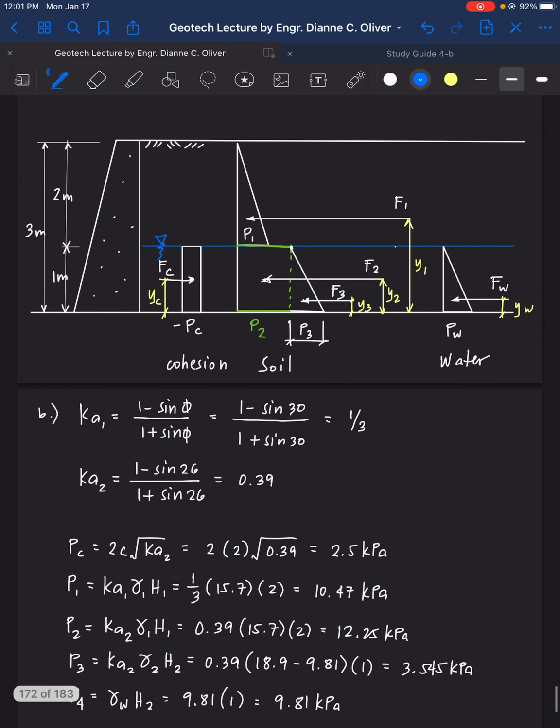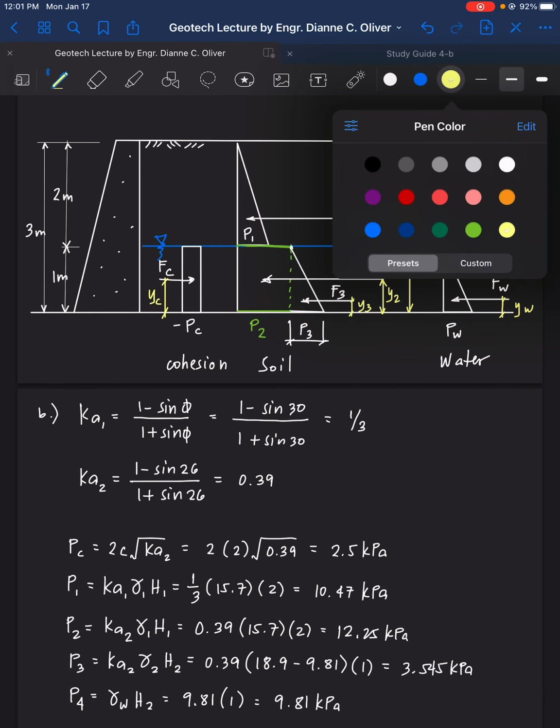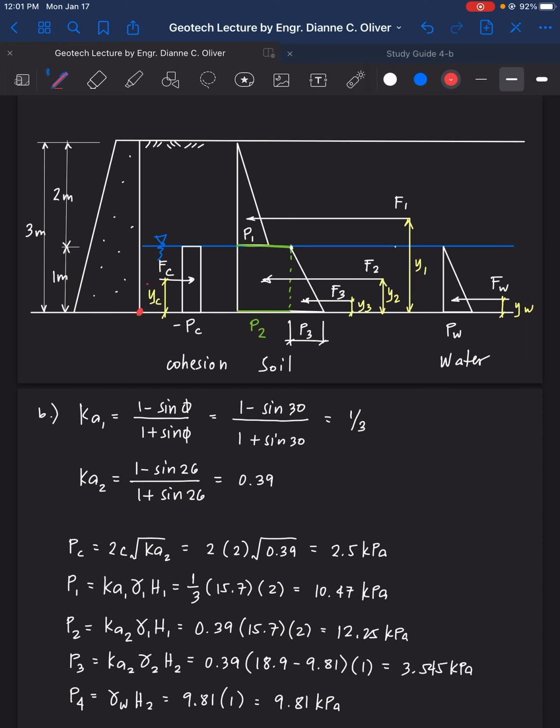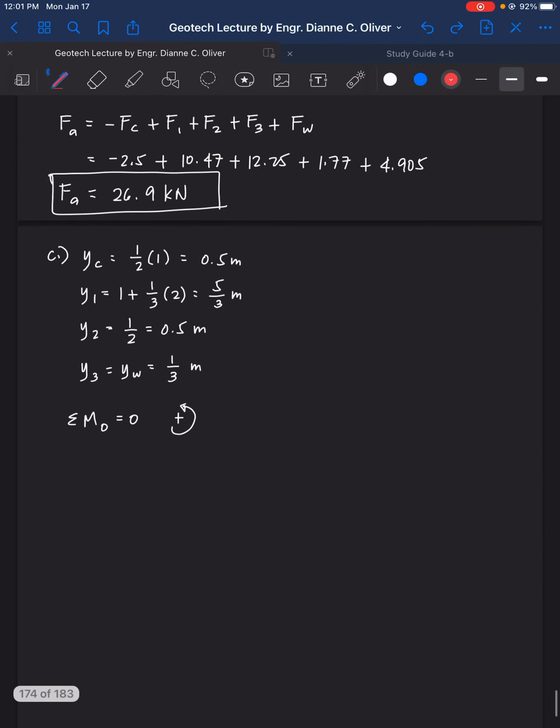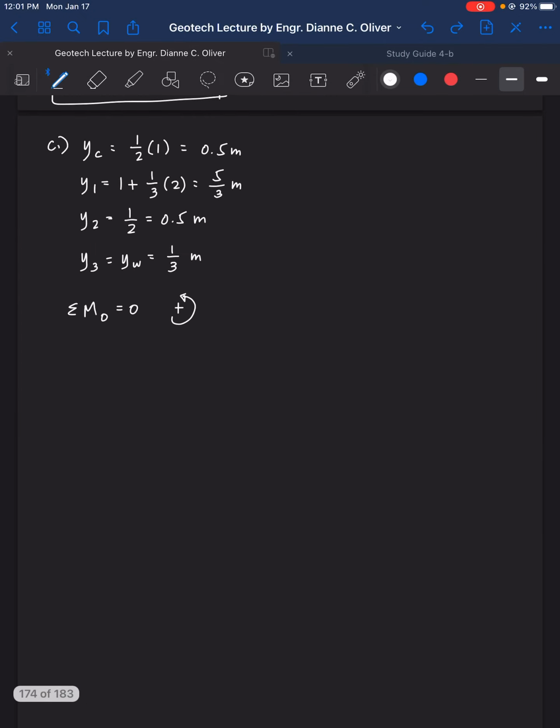So if this is our rotating point, therefore we now have here MA is equal to negative FC YC plus positive F1 Y1 plus F2 Y2 plus F3 Y3 plus F water Y water.